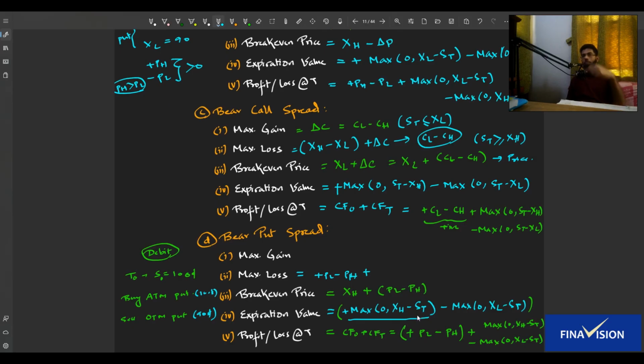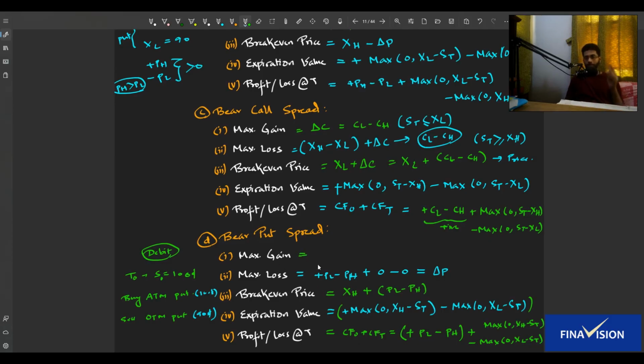Because ST is above XH. So this is 0 plus 0. And XL minus ST, this one also expires out of the money, so this is also 0 plus 0 minus 0. So the maximum loss is basically the difference between the premiums, PL minus PH, right? This is the way we do the calculations. We did it manually here. The next one also we will be doing manually.